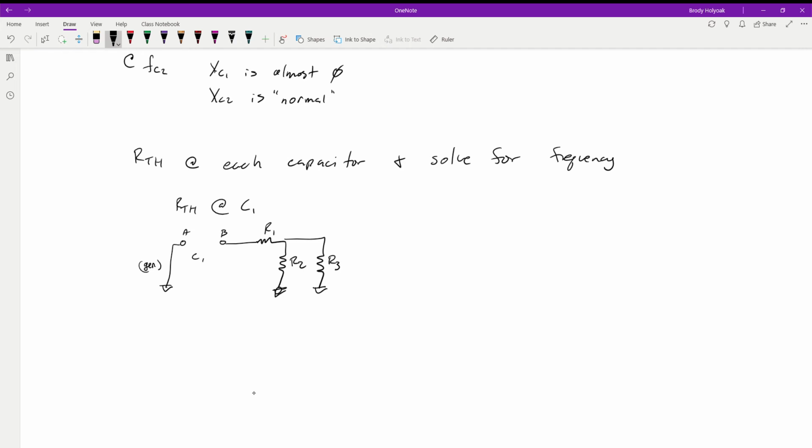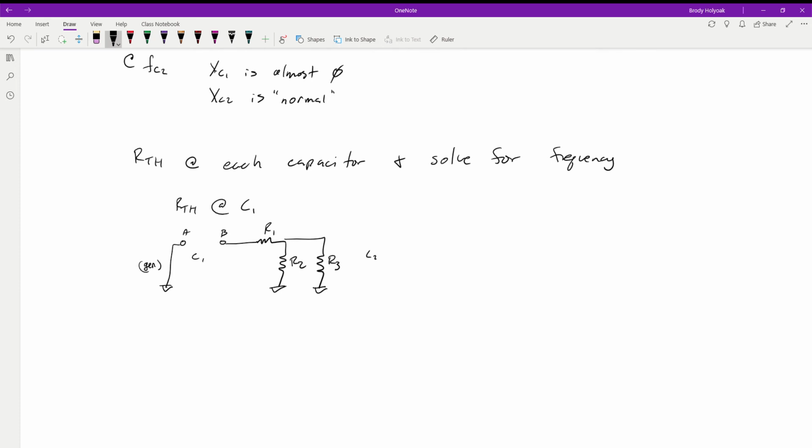So we can say that this is shorted to ground right here. And then the last piece we have is our capacitor 2. But remember, at a really low frequency, this value is huge. It's going to be 10, 15, 20 times larger than R2 or R3. So we can effectively consider that an open. If that's an open, we don't even have to draw it in at that point.